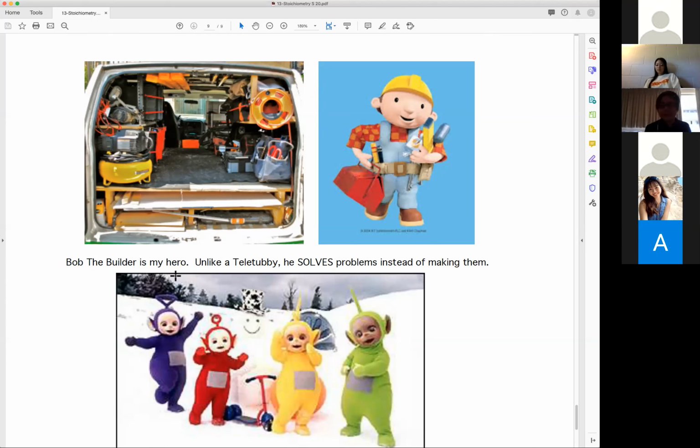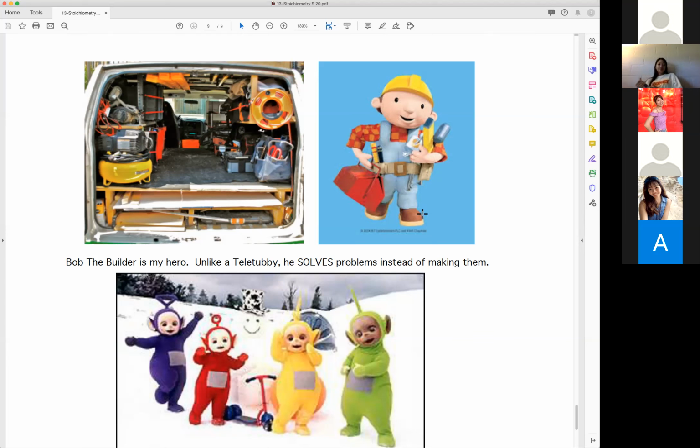But I found this on the website one time. So this guy, I guess a carpenter, spent all this time organizing his van because he's got all these tools and everything. So you can see that he's got quick access to all his tools. But then how many tools do you have? Only six. If you were a carpenter and you walked onto the job site with only six tools in your toolbox, they'd laugh you off the job site. So even Bob the Builder has more tools than you guys got.